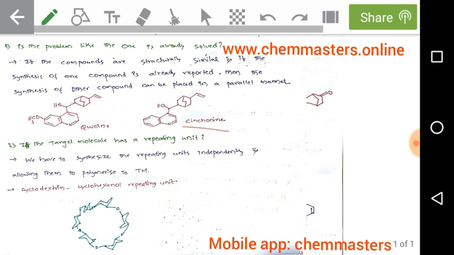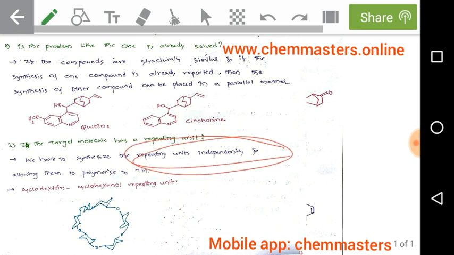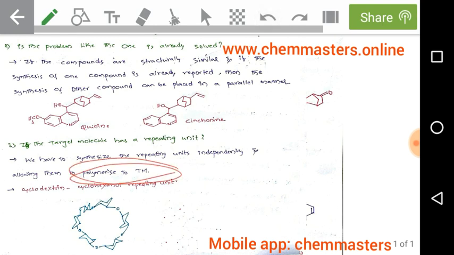Next, the third one is if the target molecule has a repeating unit. Then we synthesize the repeating units independently and allow them to polymerize to the target molecule. Just check the example. If you take cyclodextrin, the repeating unit is simple, here cyclohexanol.